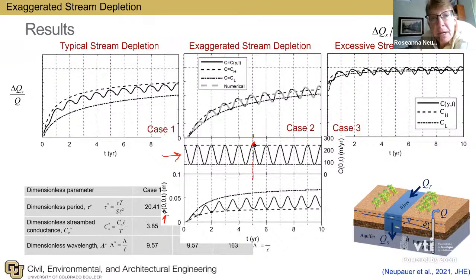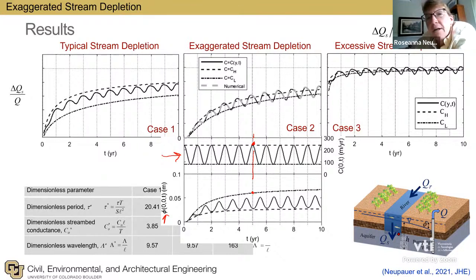This is a point where the stream bed conductance is high, but the drawdown is actually lower than it would be if we always had the high stream bed conductance. And that means that there's more of a gradient, which drives more water out of the river into the aquifer. So it's a trade-off between the amount of drawdown you have in the aquifer compared to the variation in the conductance of the stream that gives us this exaggerated stream depletion.